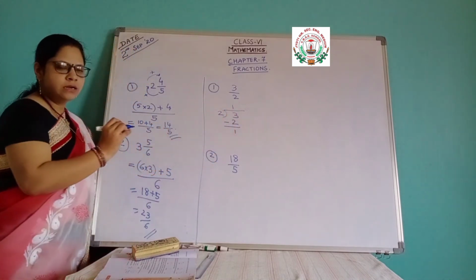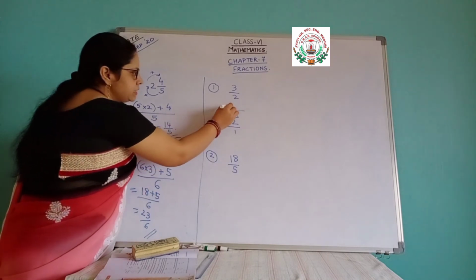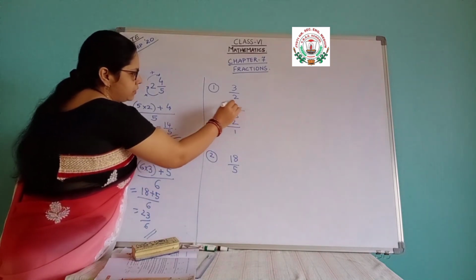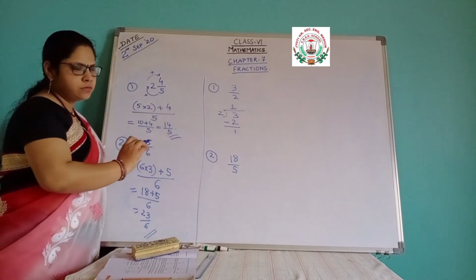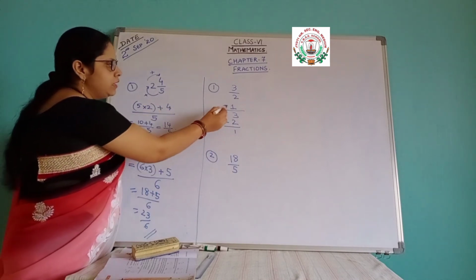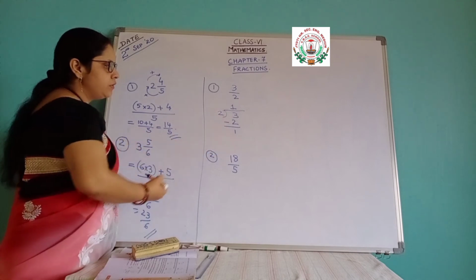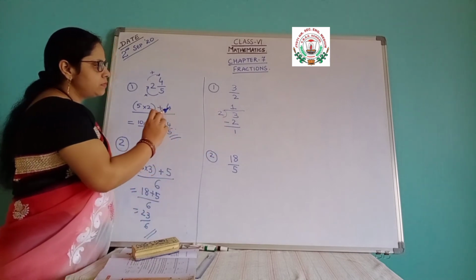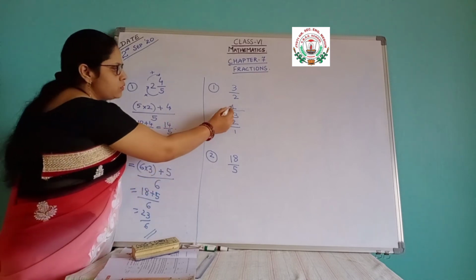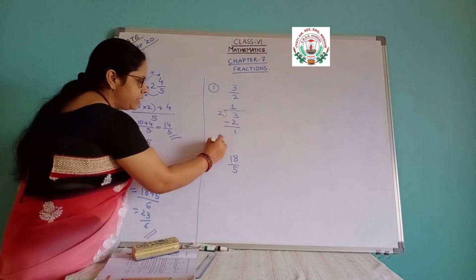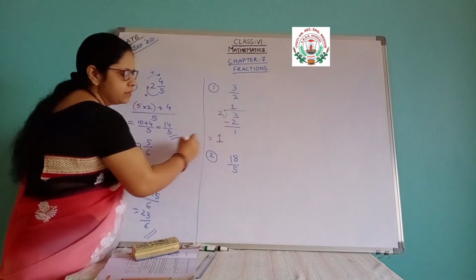I will write it in little different manner, as in the previous video also I have told, just to make a difference between these two ones. It is written in different way. Now, this quotient, means the answer, will be written as the whole number part.